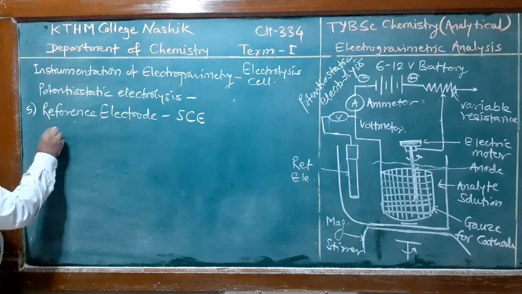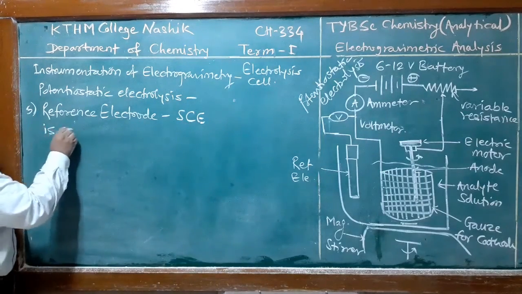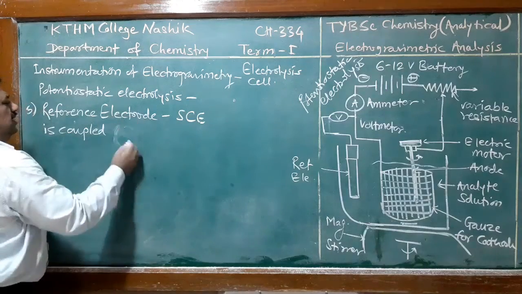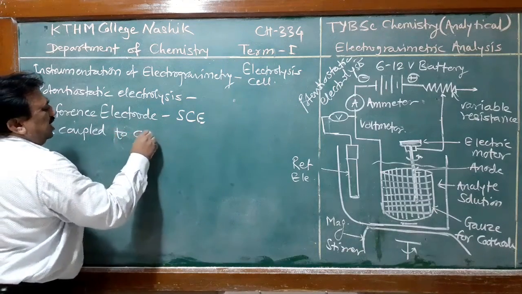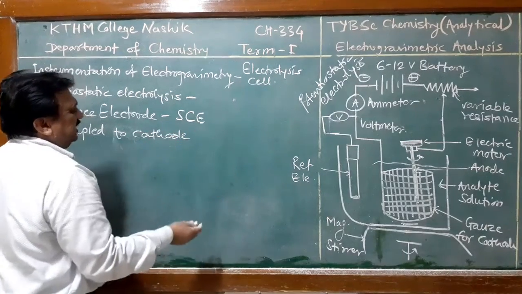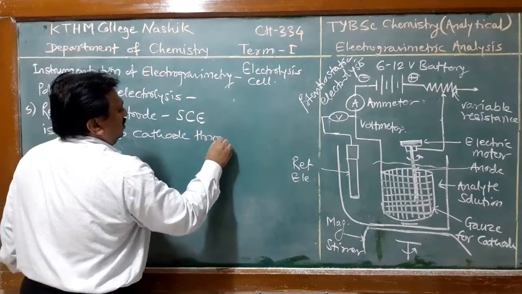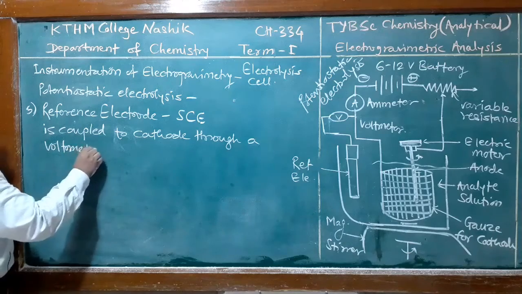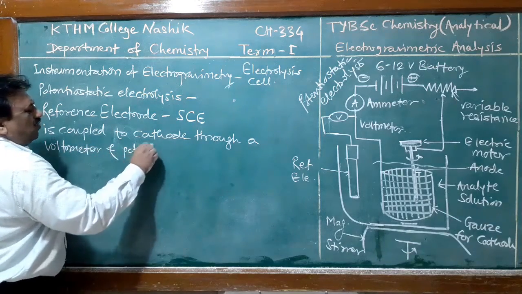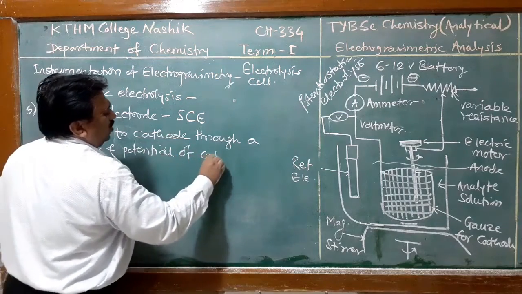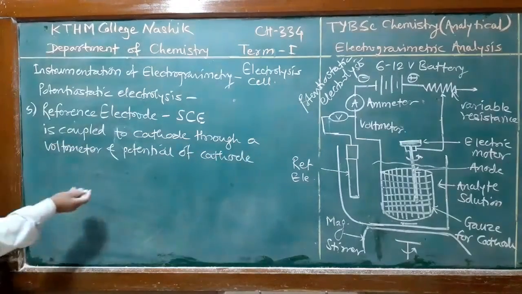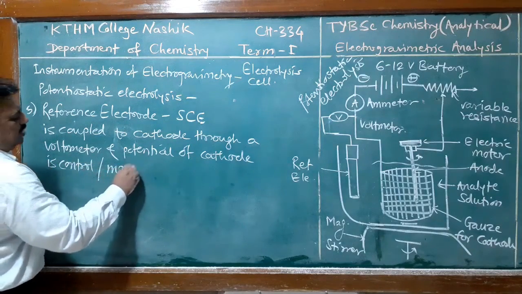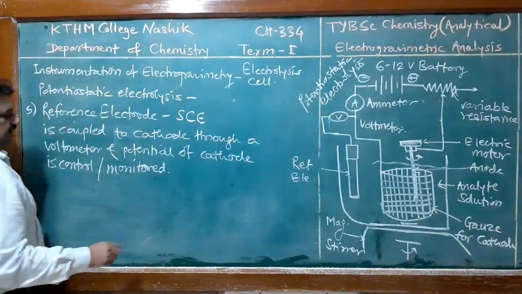Therefore, the reference electrode, a saturated calomel electrode, is coupled to the cathode or working electrode on which the analyte is deposited, through a voltmeter, and the potential of the cathode or working electrode, that may be anode, is controlled or monitored by using the voltmeter.